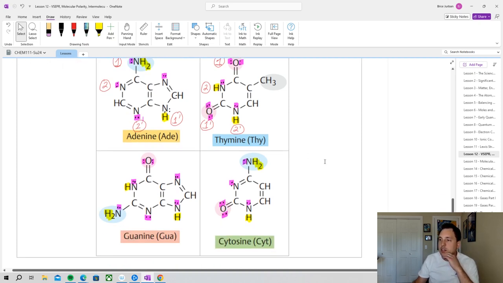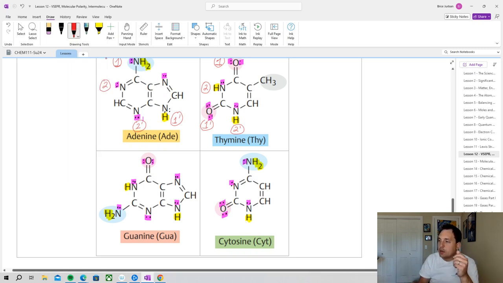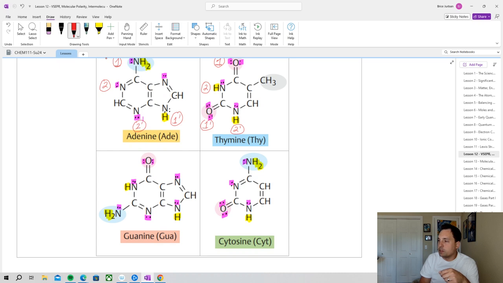And then guanine and cytosine, these will have 3 hydrogen bond pairs each, or as a group. This oxygen can easily receive these hydrogens over here. So this is 1 and 1. And then this hydrogen over here, we can see will have an intermolecular force with these lone pairs. And then these hydrogens over here can have an intermolecular attraction to these electrons over here.